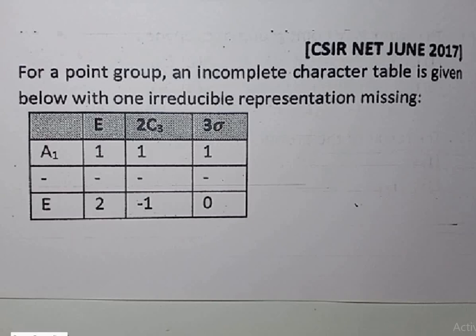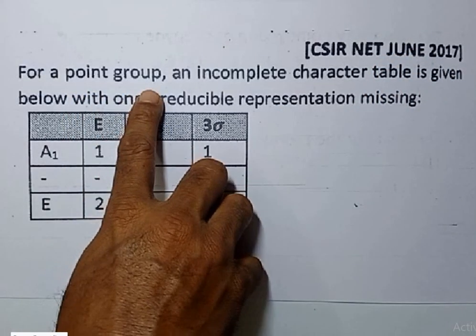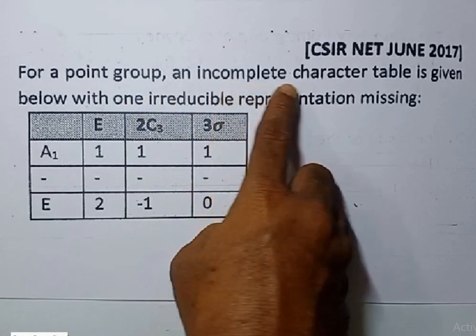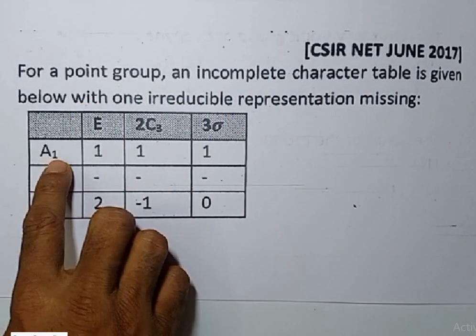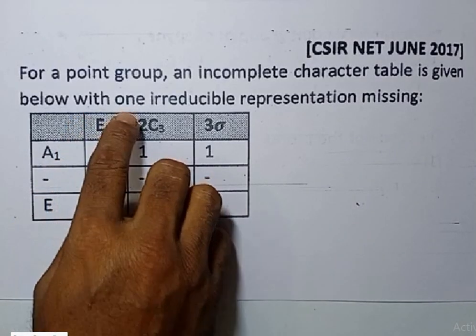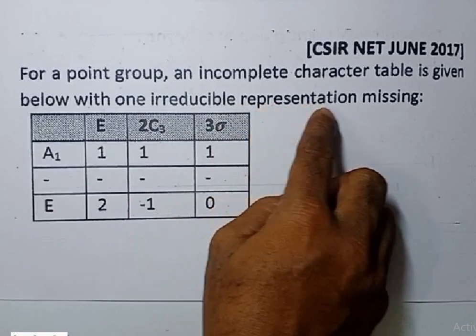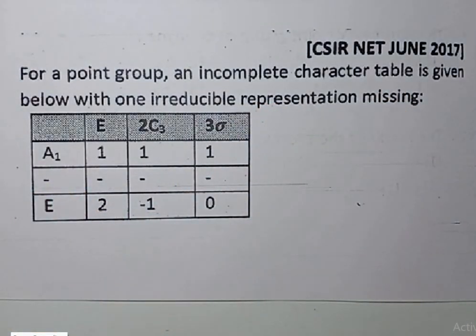This question appeared in 2017 June. The question is this: for a point group, an incomplete character table is given below with one irreducible representation missing. We need to identify this missing irreducible representation.